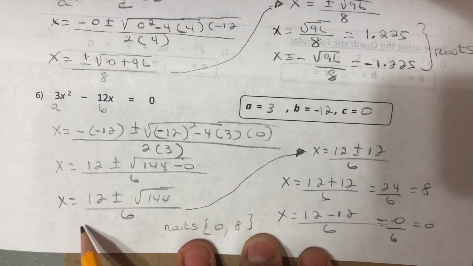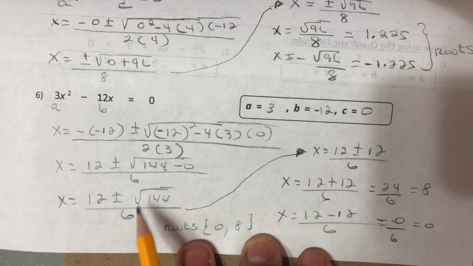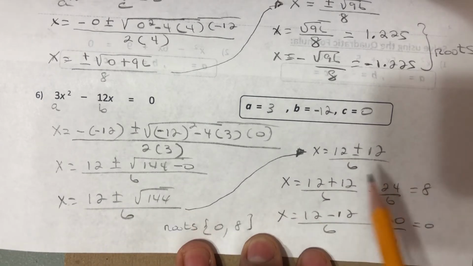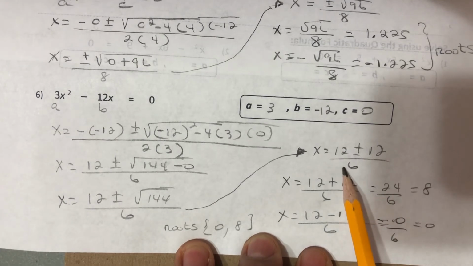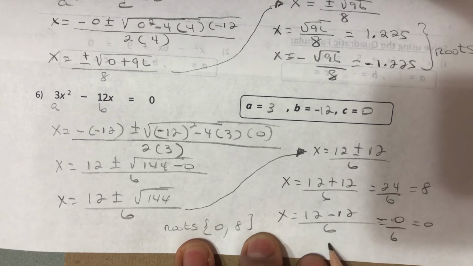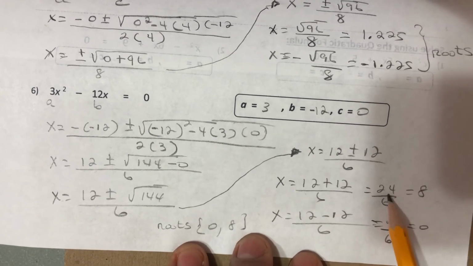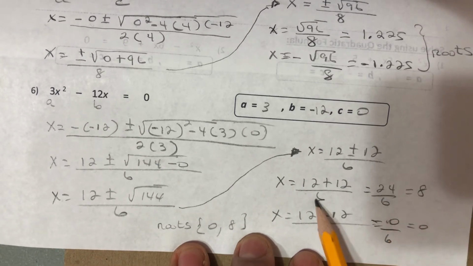You see, 144 is a perfect square. So you'll do 12 plus 12, okay, divided by 6, and 12 minus 12 divided by 6. When you do the positive side, 12 plus 12 is 24.